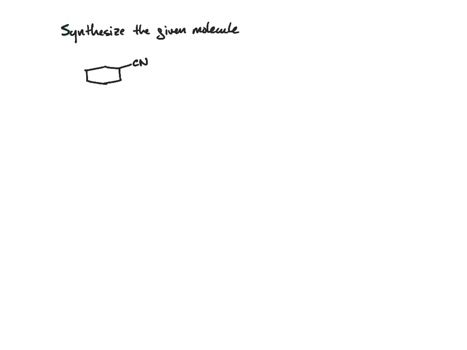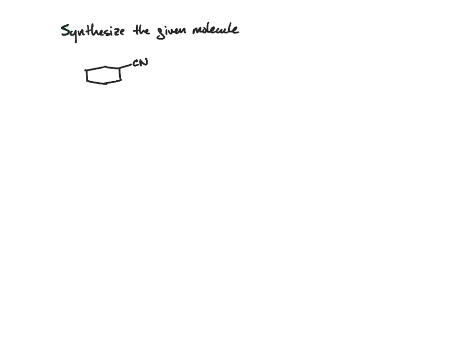Say you were given the task of synthesizing this molecule. Knowing everything you know now, you could do that. Probably what you don't know how to think about is sort of the reverse direction. So you have to make that. So you make it from what? So this is like reverse engineering in a way.